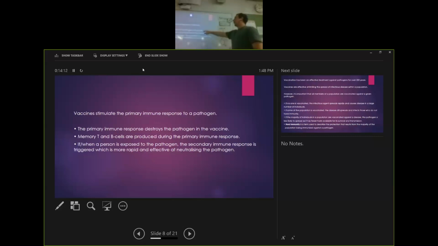So in the first case, the primary immune response will destroy the pathogen in the vaccine. So the same thing will happen. It's like passages in getting immune when you get help from a doctor or any GP. Yeah, they can give you the vaccines.